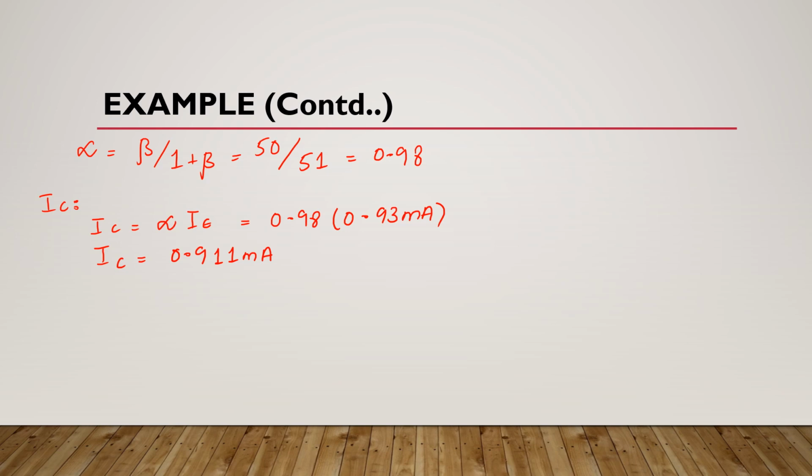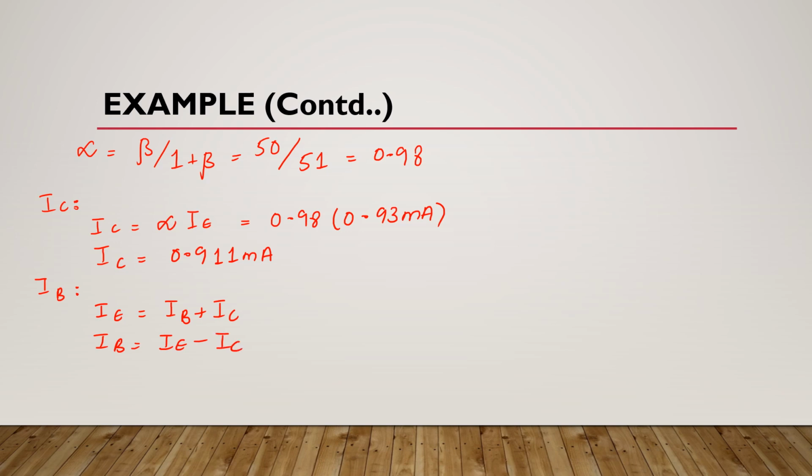Now we will find base current. We know that IE is equal to IB plus IC. So for IB, this equation will become IE minus IC.